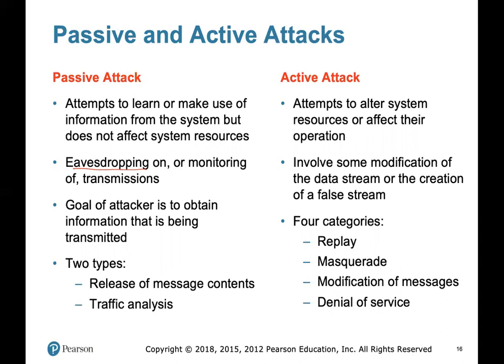The goal of the attacker is to obtain information, but of course you don't feel anything because the data is being transmitted and delivered correctly, so your connection doesn't show anything.